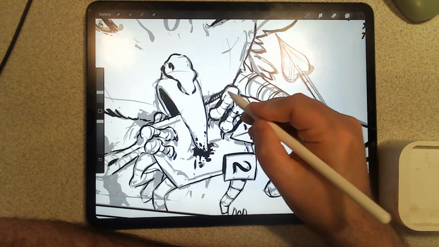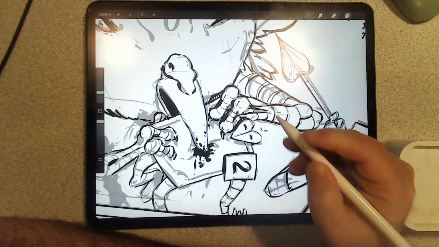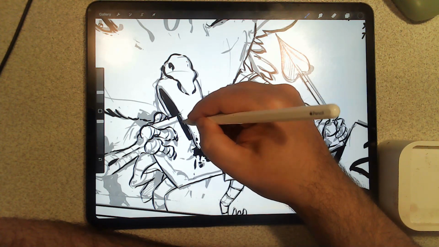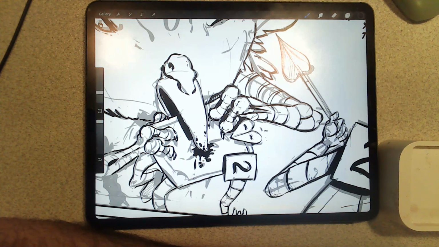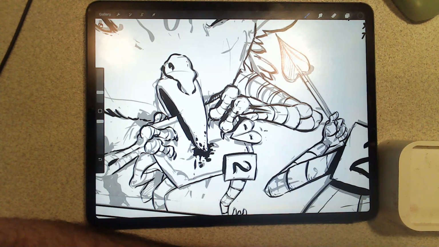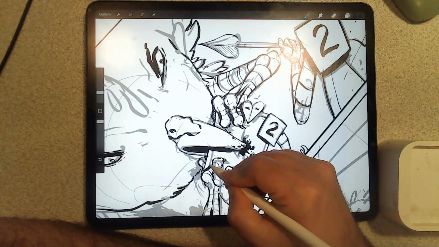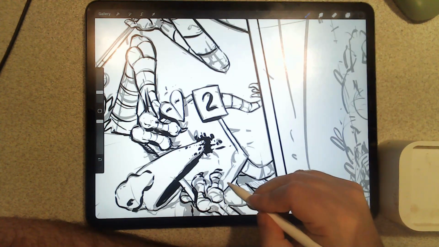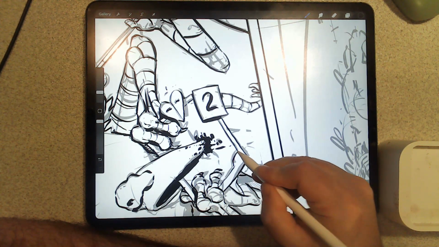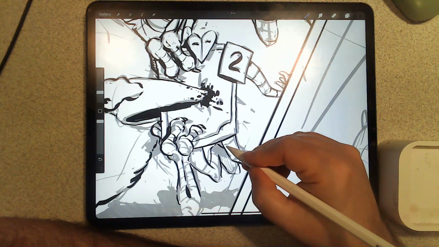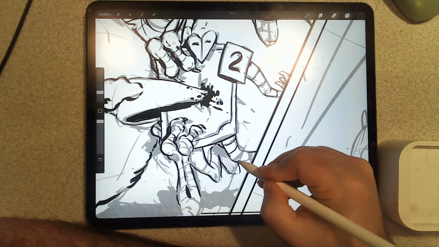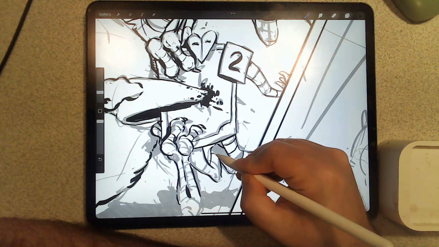And then he's causing shadows too. Should be shadow under the beak. Alright, looking cool.